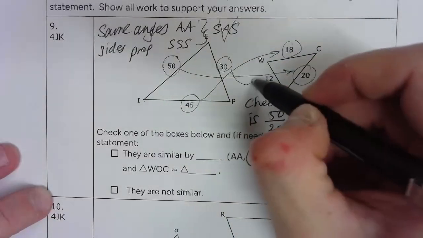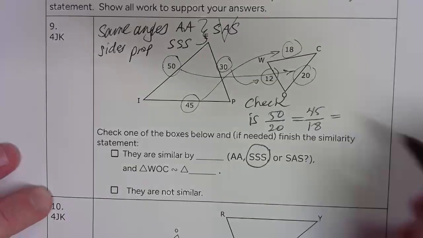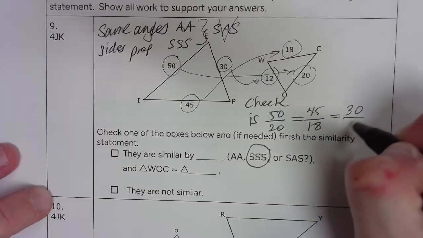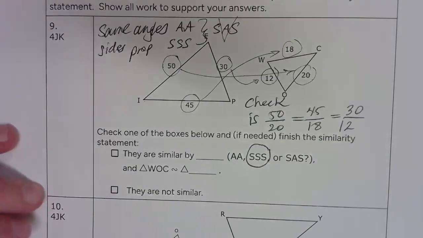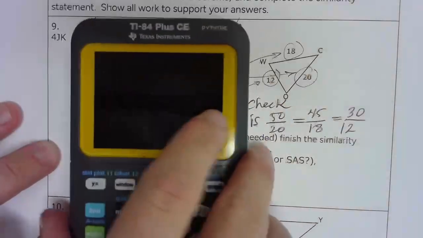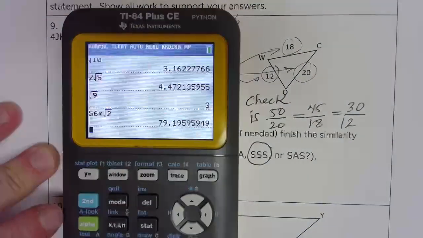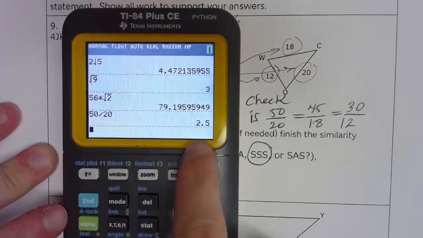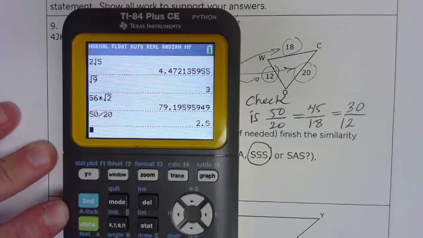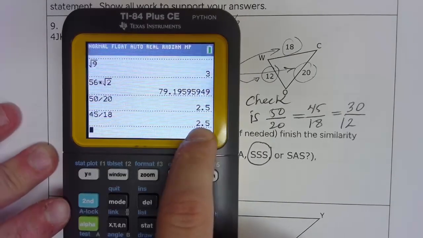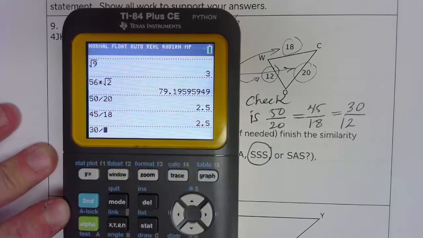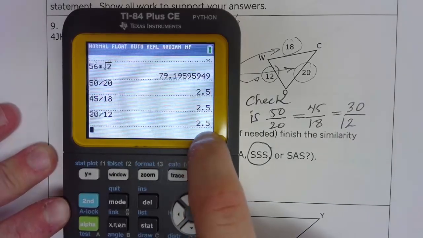Since it's the smallest, I'm going to put it with 12. Is that the same as 30 out of 12? Alrighty. And what you can do here is look in the old calculator and double check it. 50 divided by 20 is 2.5. Very nice. 45 divided by 18 is 2.5. And 30 divided by 12 is also 2.5.